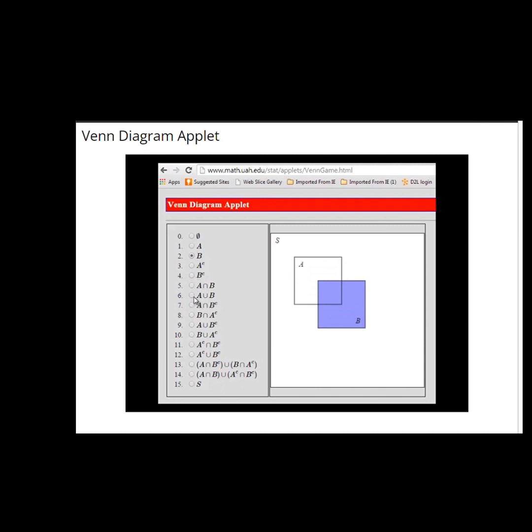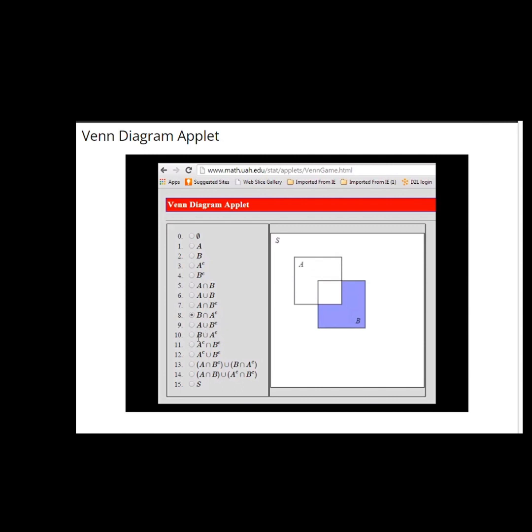The union is the set of points which are in either A or B or in both. And for example, we can take things like the set of points that are in A but outside of B, A intersect B complement, or B intersect A complement.